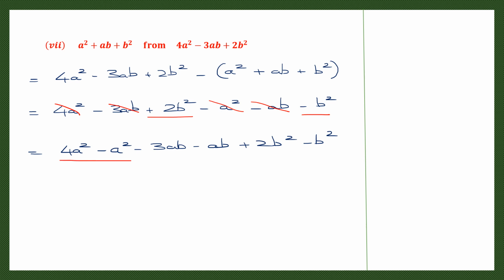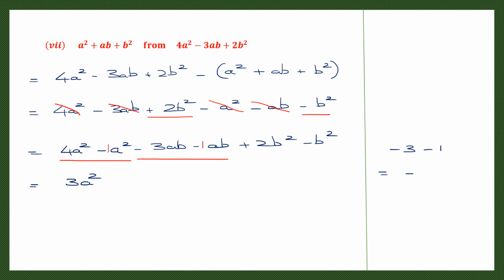Now the like terms. Let's get all the like terms together. So this is 4a square minus a square. That means 4 minus 1. If you take only the numbers, it is 4 minus 1, which is 3. So 3a square. Next one is minus 3ab minus 1ab. So signs are the same, isn't it? So we have minus 3 minus 1. If you take only the numbers, signs are the same.